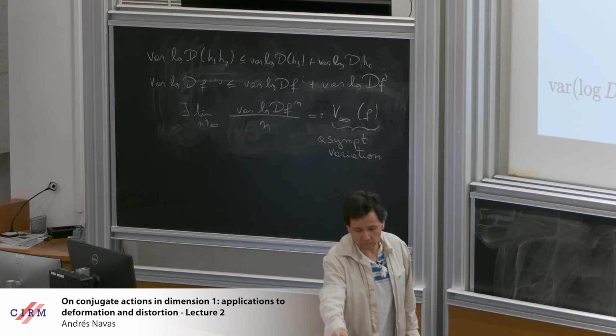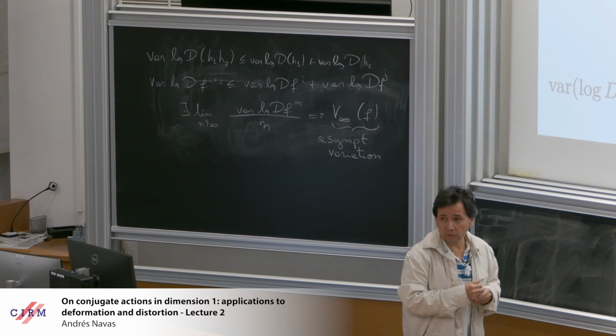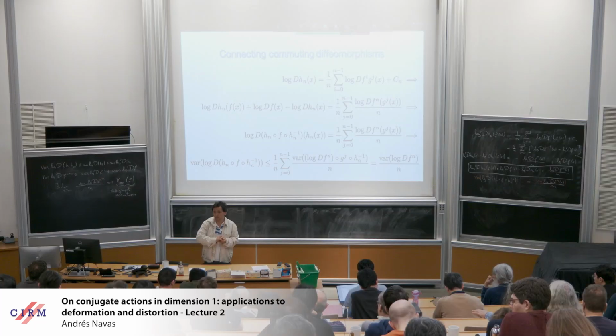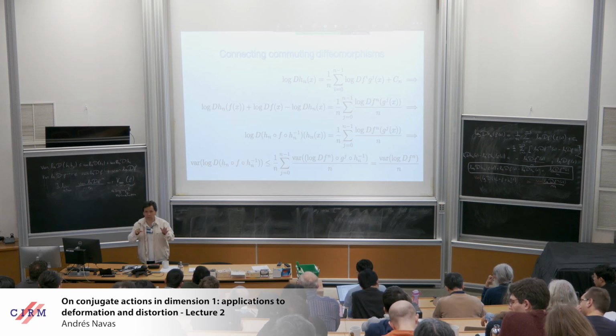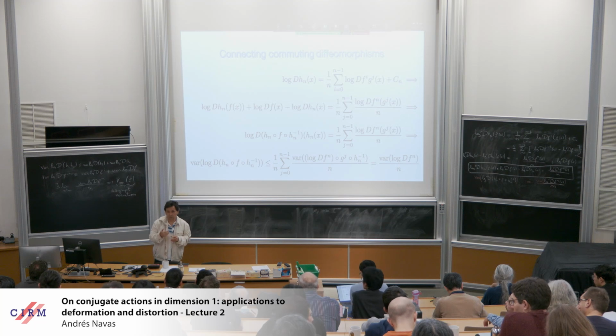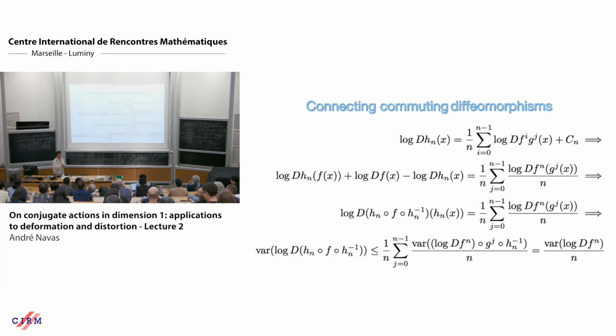Okay? And as I showed you before, this is the obstruction in order to perform this conjugacy trick in class almost C2. It's in class C1 plus bounded variation. Okay? The asymptotic variation. If the asymptotic variation vanishes, then we are done. This is the problem.